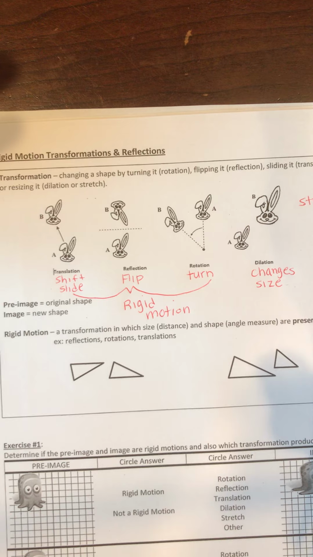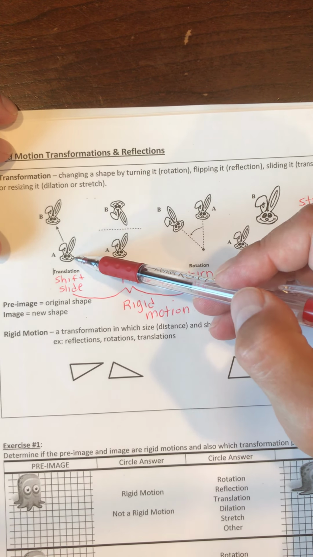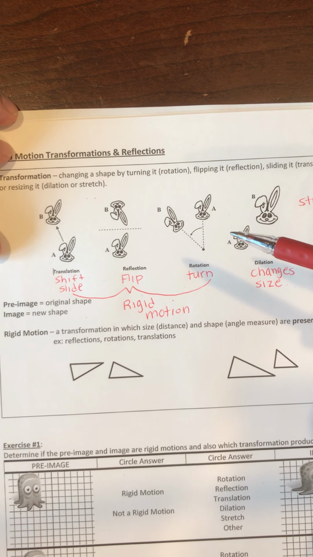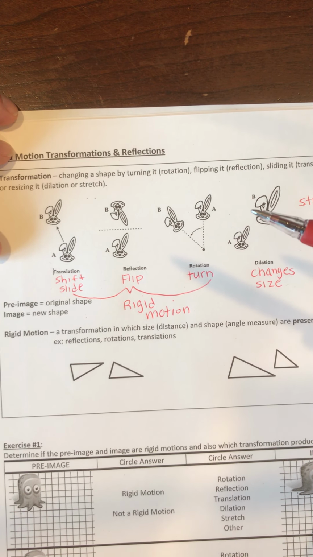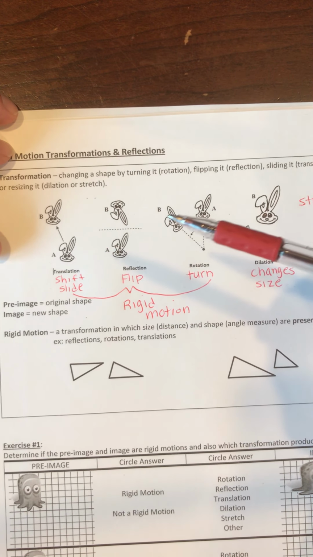It's rigid, can't be distorted. So when you shift, slide, flip, or turn, the size and the shape of the figure remains the same. So the two figures are congruent.